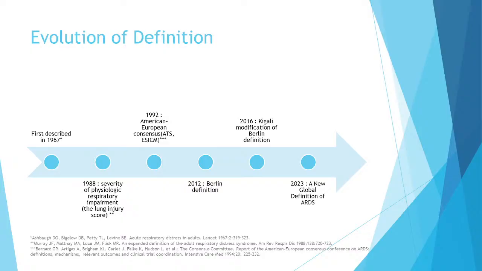I'll be discussing all the significant ones in the upcoming slides. In 2016, some limitations of the Berlin definition were highlighted and there was a proposed Kigali modification for resource limited settings. And 2024, sorry, that's a typo. 2023, the manuscript was sent. 2024, January, May, it was published: a new global definition of ARDS, which we are currently following.